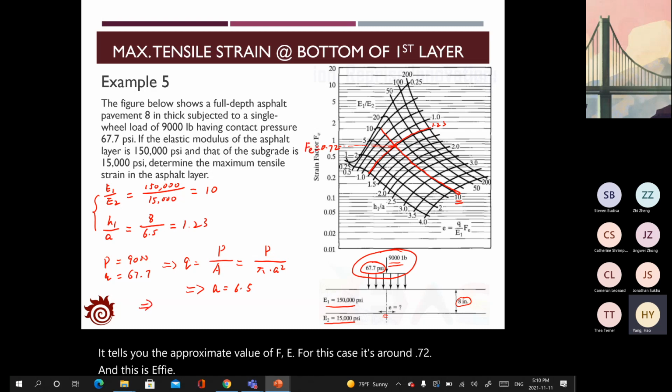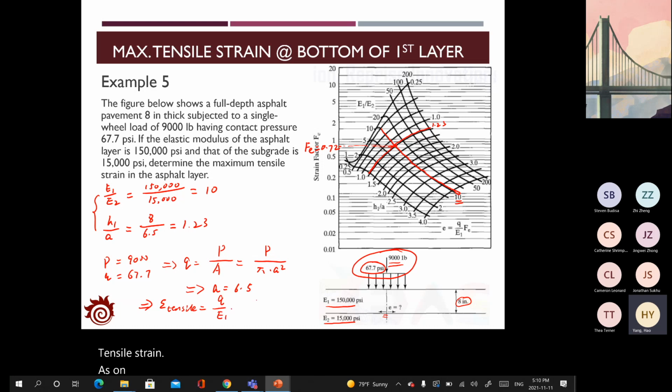Finally, we can calculate the value of maximum tensor strain as Q divided by E1 times FE. So for this case, that is 3.25 times 10 to the power of -4.